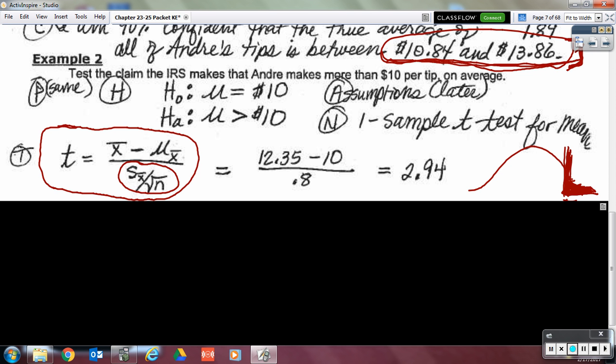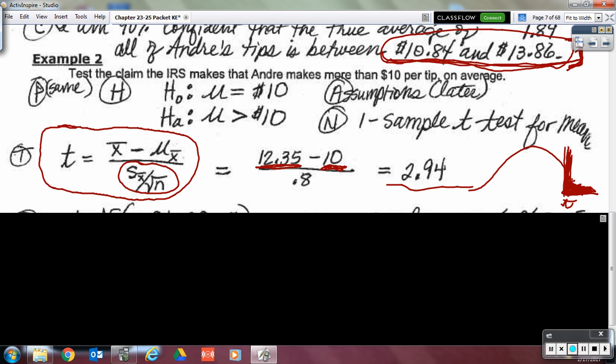T, not z. So filling in the data from yesterday, 12.35 was the average that Andre got from his 8 tips, minus our claimed $10. And yesterday we computed that 2.25 over the square root of 8 was 0.8. So this is a t-score of 2.94, not a z-score.